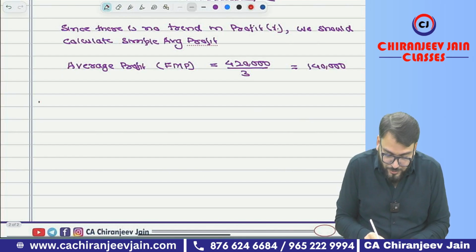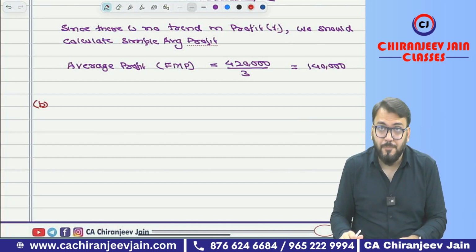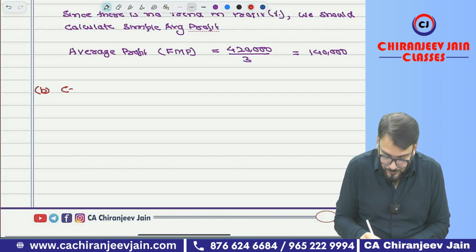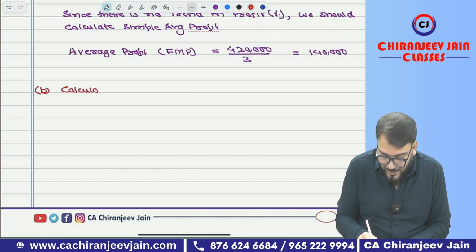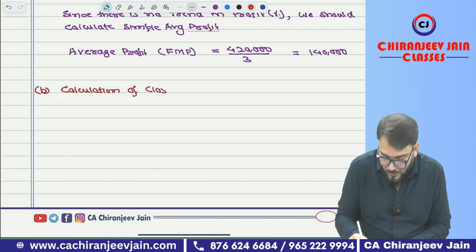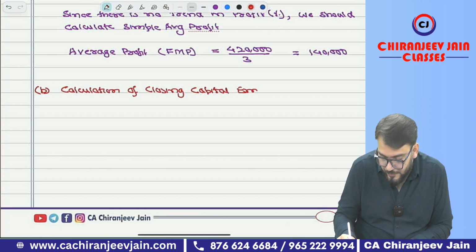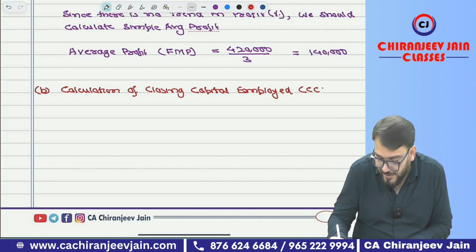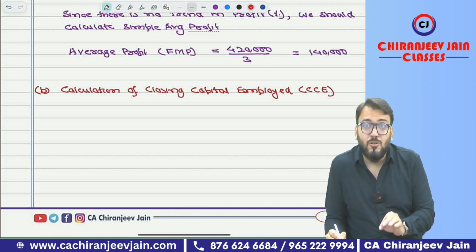Now can you see we need to also calculate closing capital employed? Madam, calculation of closing capital employed. We'll call it CCE. Why are we calculating closing capital employed?